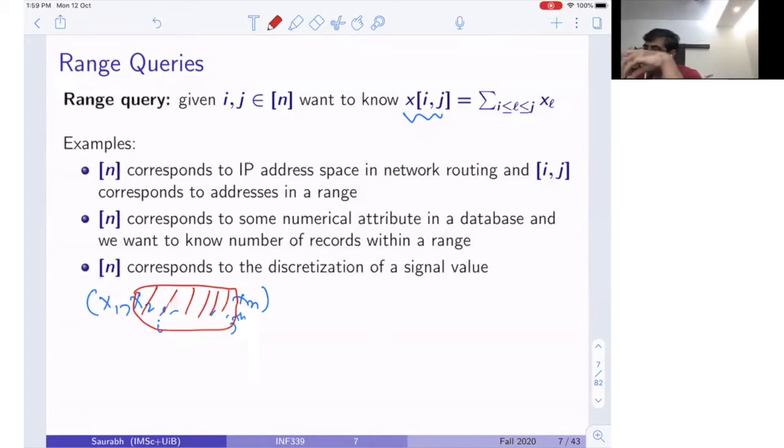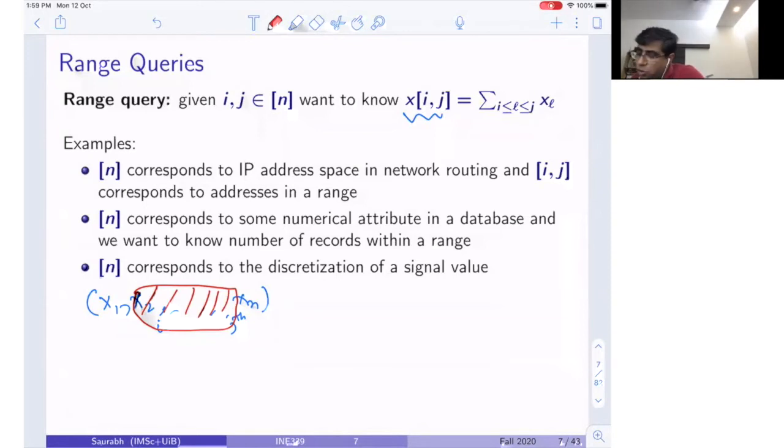Or, for example, some discretization of signal values and things like that. So I will come to that. This is largely also used in signal processing, which we will touch a little bit towards the end today or maybe next lecture. But you would have seen range queries quite a lot, and these are a few examples where it is quite useful.